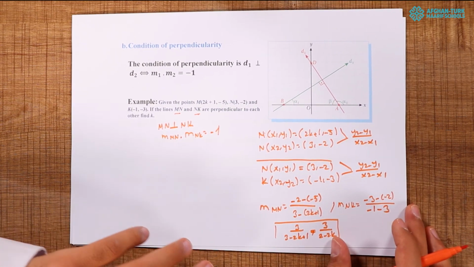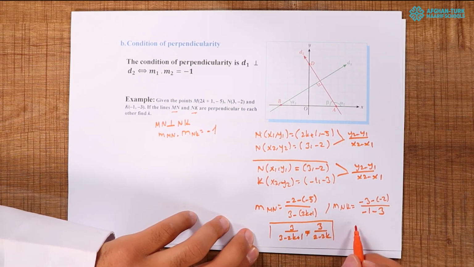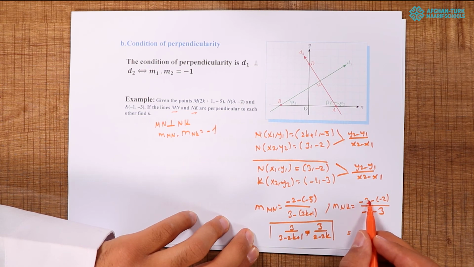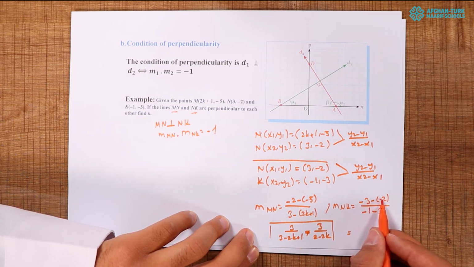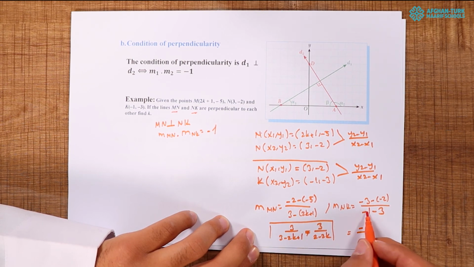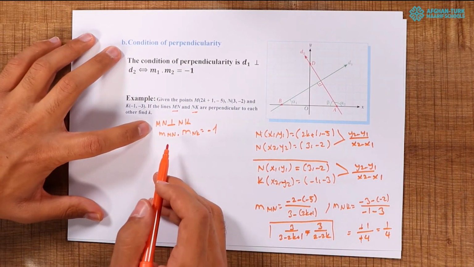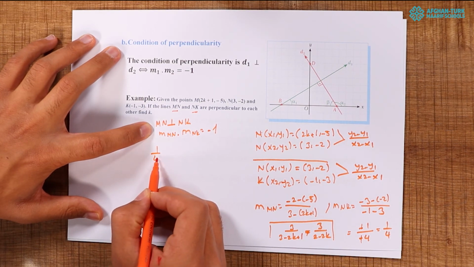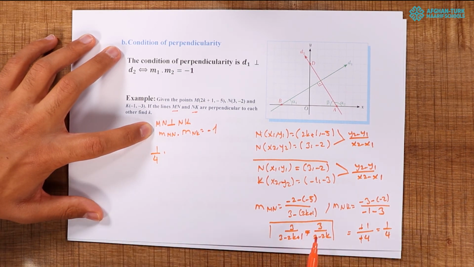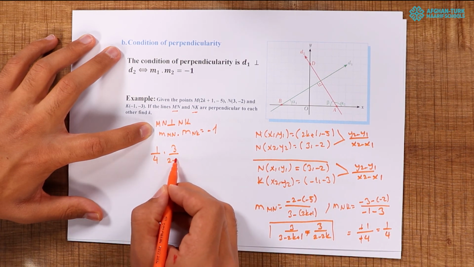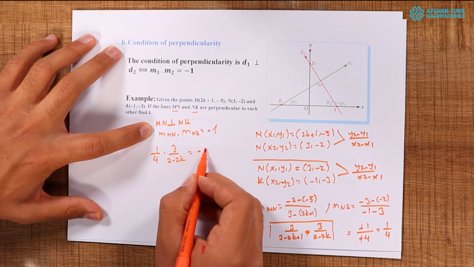Slope of NK, okay, this equals to -3 plus 2 is equal to -1 over -1 minus 3 is equal to -4. So minus cancels with minus is equal to 1 over 4. So we have to write 1 over 4 times 3 over 2 minus 2k will equal to -1.